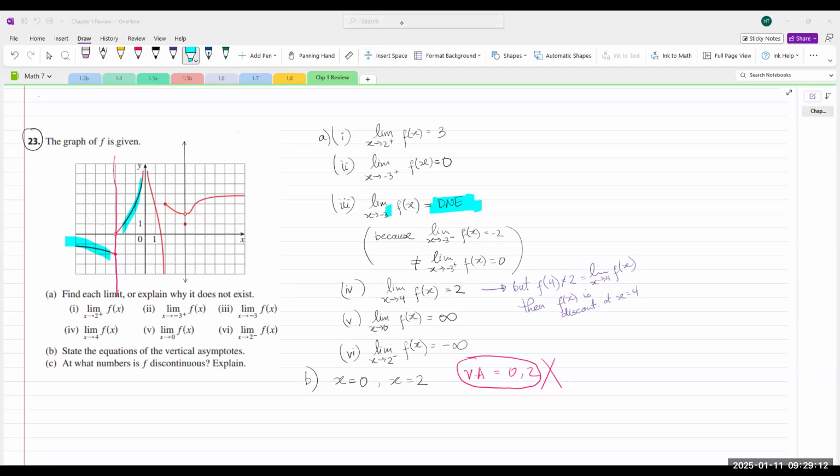When you approach from the right-hand side, what is the limit? Not the same, right? So if you look at this graph here, even if I change this point to an open circle, the limit still does not exist. So it's not about what's the value at that point, it's about what it approaches. That's the concept of limits.